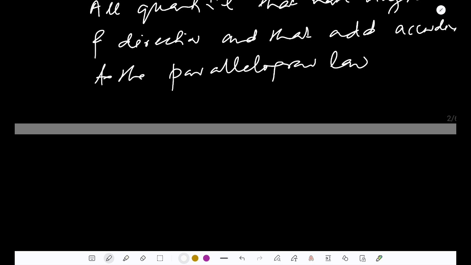So our physical quantities are either vectors or scalars, and to be vectors, they must have some magnitude and direction, and the most important thing is they must add according to the parallelogram law to be considered a vector. Otherwise, they are scalars.